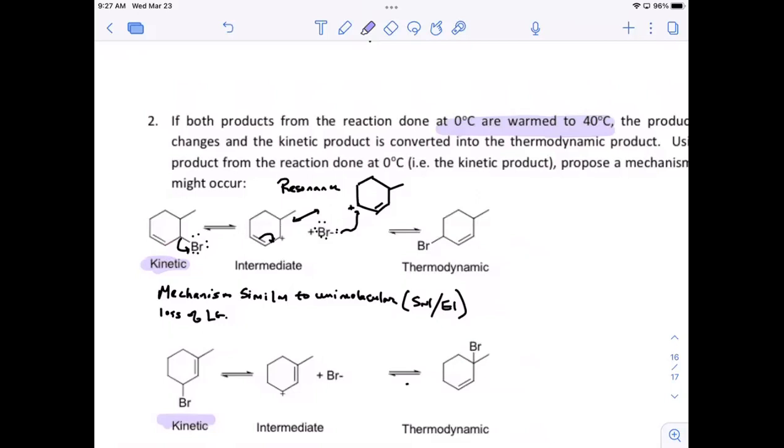That's how this works. You have to keep it at that temperature until you're ready to quench the reaction and isolate your products. So if you're running it at 0 and you warm it up to 40, you do that with the expectation that the kinetic product is going to revert back to the intermediate and then get converted into the thermodynamic product.